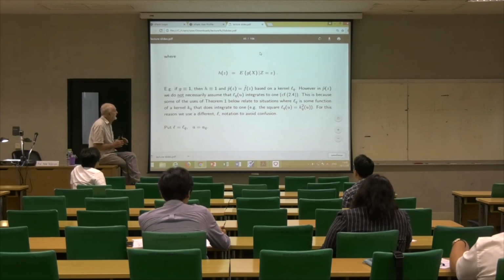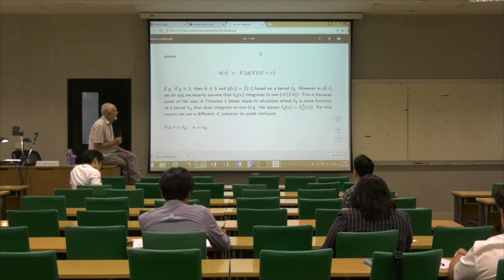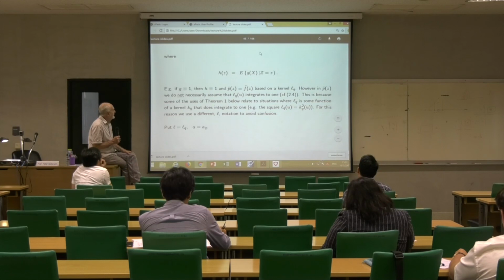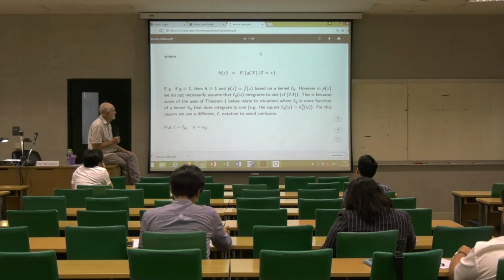And p hat of z is just the kernel density, f hat of z, if we have an ordinary kernel which integrates to 1. But in p hat of z, as defined on the previous page, we don't necessarily assume that L integrates to 1.